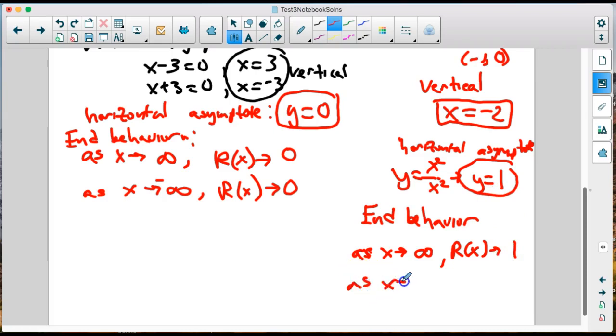As x approaches negative infinity, R of x approaches 1 on the other side as well.